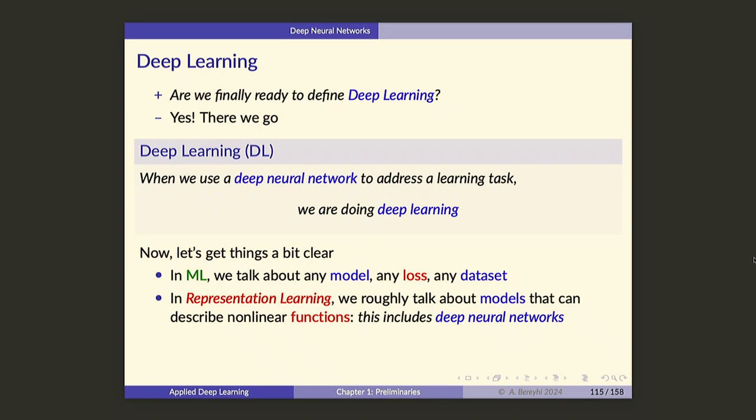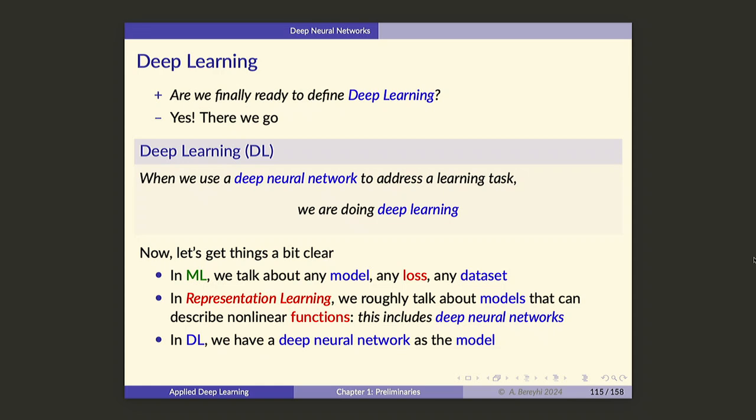So representation learning was the story of machine learning, but then they were looking into a specific kind of models. So the models which are written in form of some kernels, yeah? And we don't need to think about them because a very special case of representation learning is that we put the model to be a deep neural network. So deep neural network is one of the kinds that was considered in representation learning, yeah?